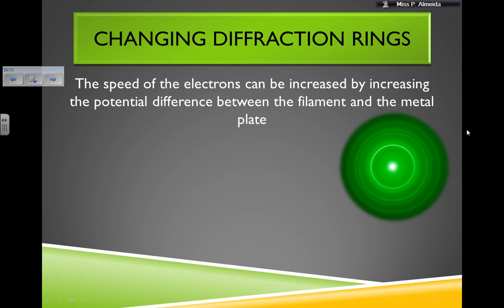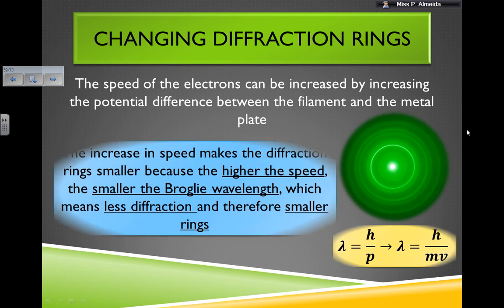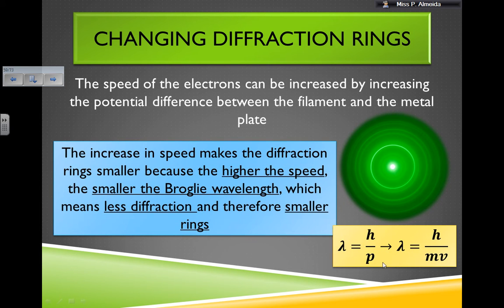So if I increase that potential difference between the filament and the metal, then the lower part of my equation, remember the wavelength equals Planck's constant divided by the mass times the velocity, gets bigger, meaning that my wavelength gets smaller, right? Here it is, the wavelength formula. So I'm increasing this number, mass is the same, that's a constant, Planck's constant is a constant, so my velocity alone can change the wavelength.